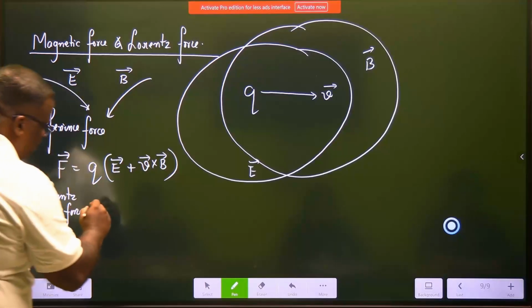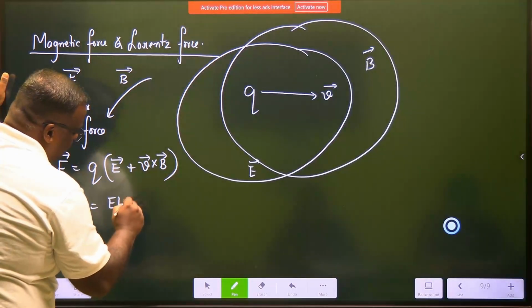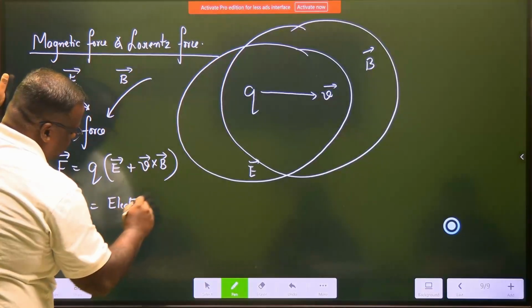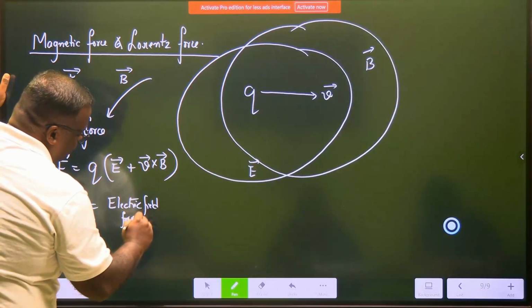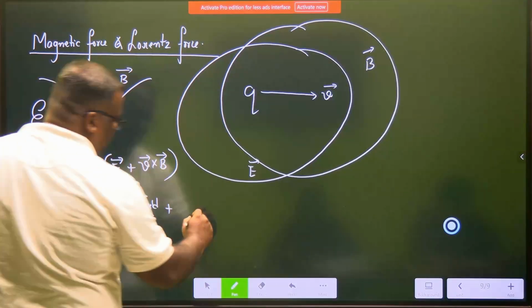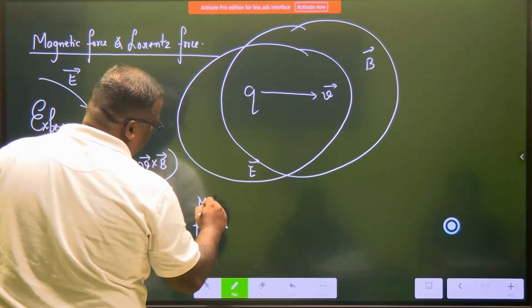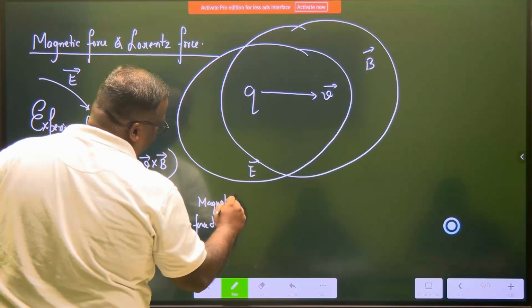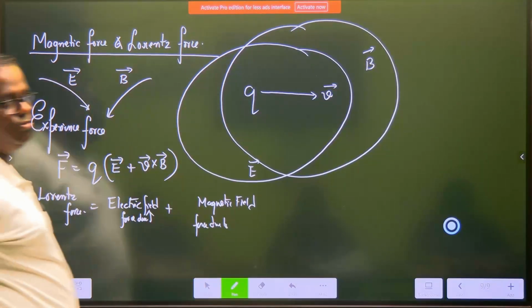And Lorentz force is the sum total of the force due to the electric field plus the force due to the magnetic field. Have you understood? So what is the thin line difference between magnetic force and Lorentz force?